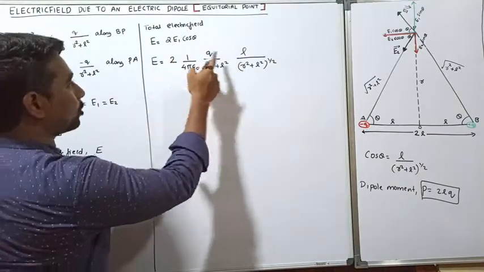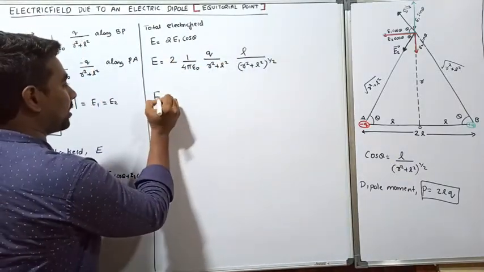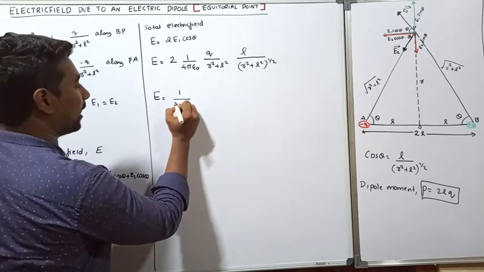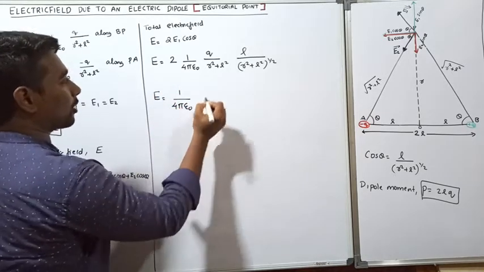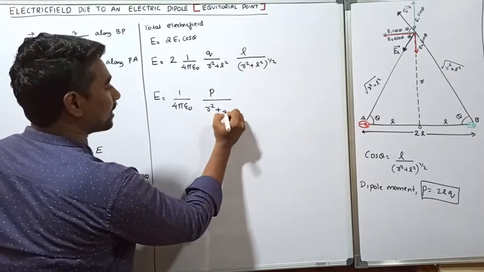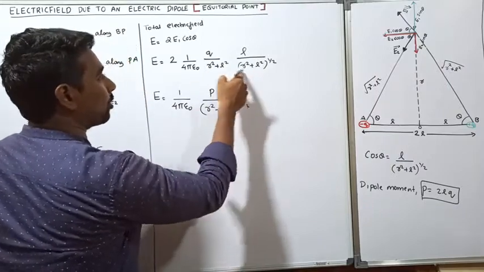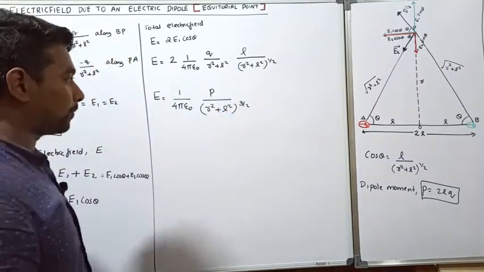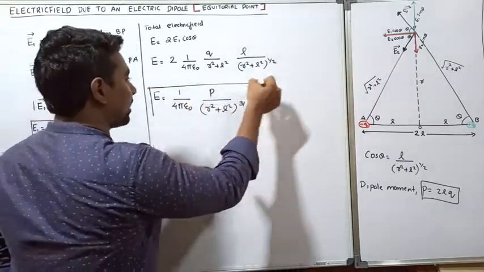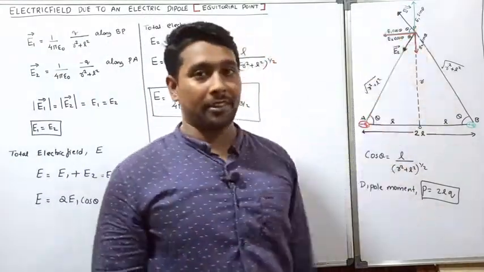So instead of this 2LQ, we can write the dipole moment P. That means E is equal to 1 by 4 pi epsilon 0 P by R square plus L square the whole raised to 3 by 2. These two join to form raised to 3 by 2. Look at this equation. This is the electric field due to this electric dipole at the equatorial point.